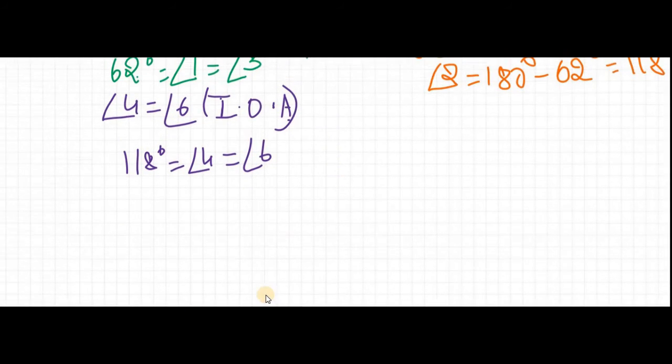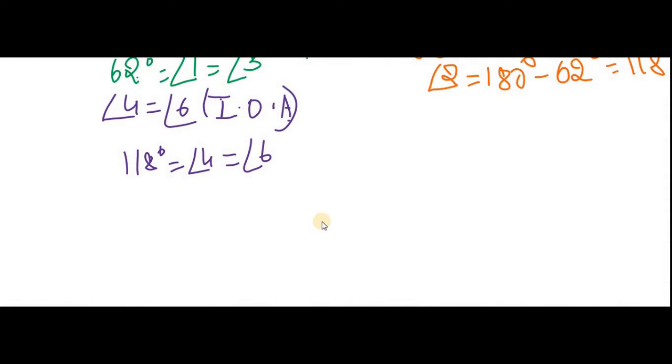Just scroll down and we'll write over here. Angle 3 is equal to angle 5 by the same property that we have on the left side of this page, that is IOA in short form, or interior opposite angles.